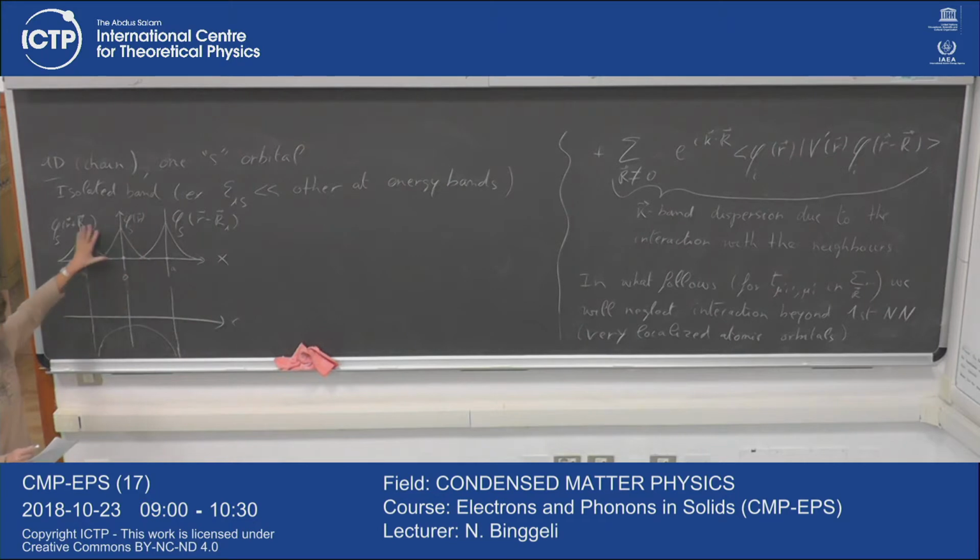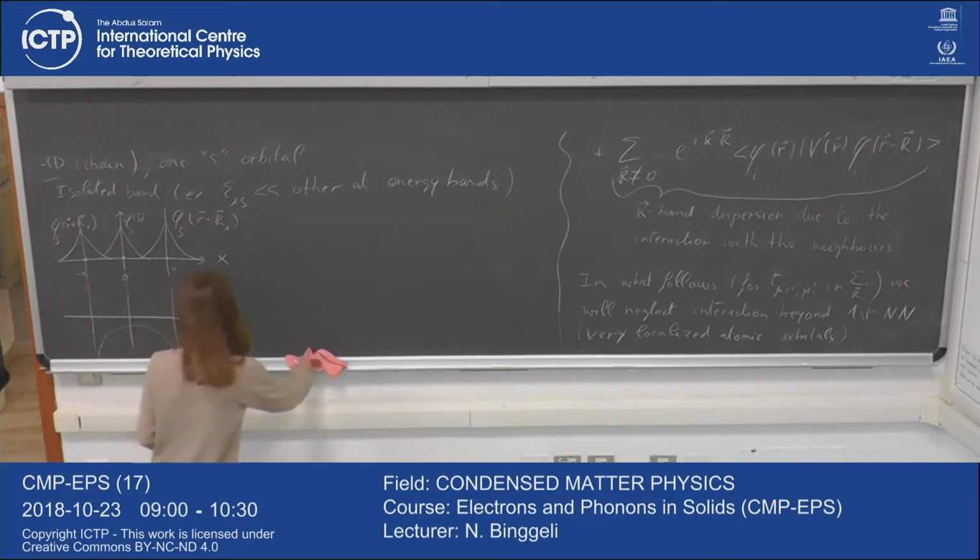So in this region where the atomic orbitals are overlapping, I have essentially this type of potential, which I can assume to be negative, with the idea that the crystal potential is a sum of atomic type potentials.